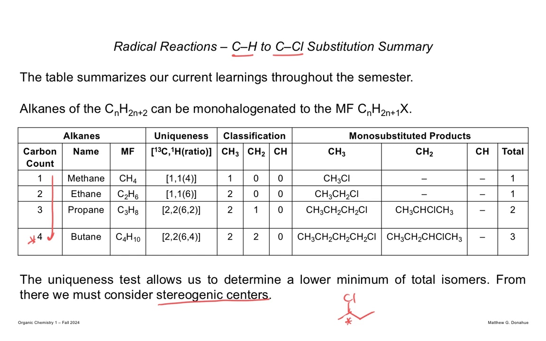And maybe Wednesday or Friday, when we talk about the nature of a radical, since it's planar, when it is substituted, it will always generate a stereocenter based on the location of the single electron.